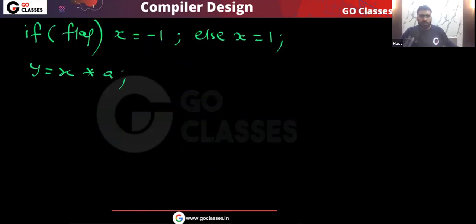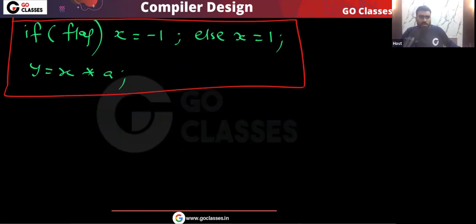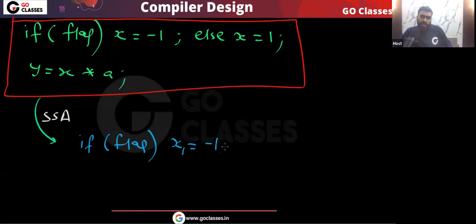So this was in the diagram. Now in the program text, how do we convert to SSA? You already know how to do that. If flag, x1 equal to -1, else x2 equal to 1.